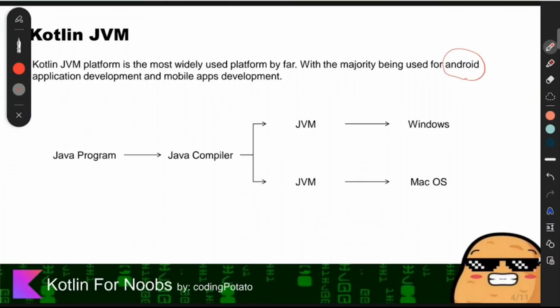This series is not about Android development, it's mainly about the Kotlin programming language. However, at the end of the series, I will try to make a couple of videos that can help you get started with Android development using Kotlin, and hopefully in the future, if God wills, I will be making a separate series about Android development.